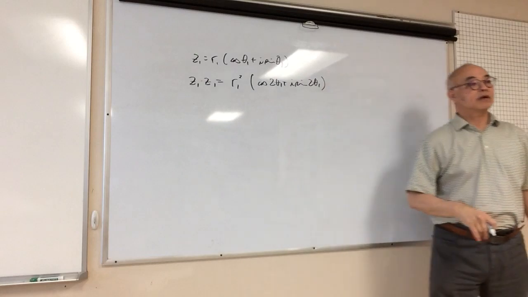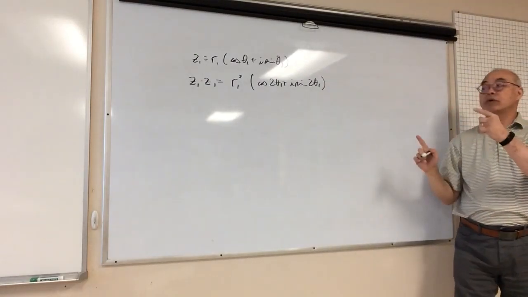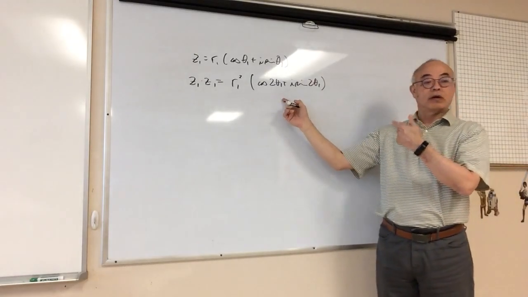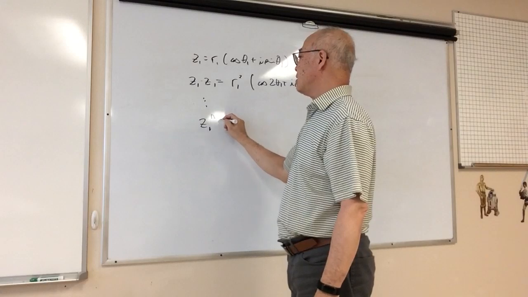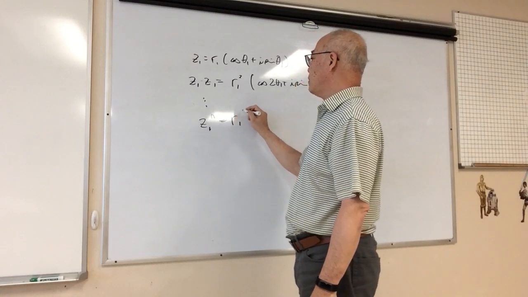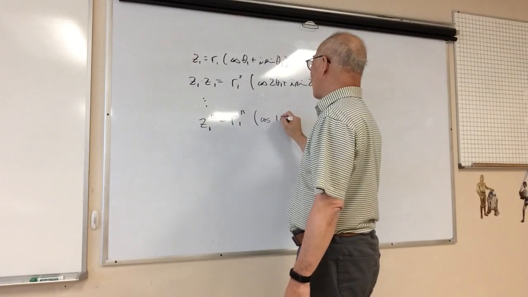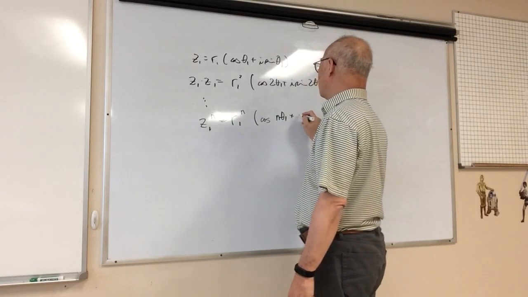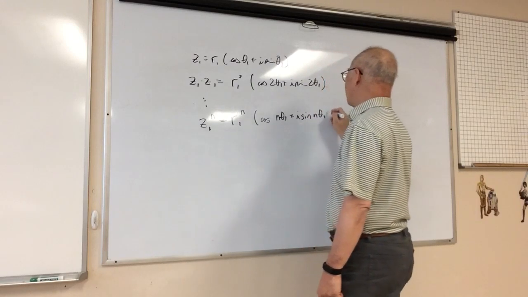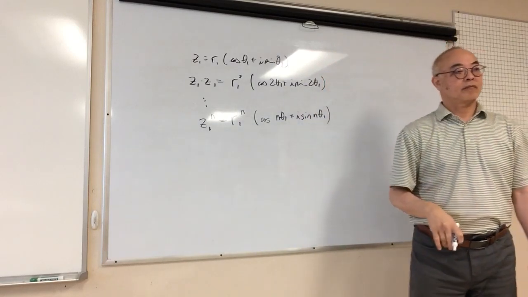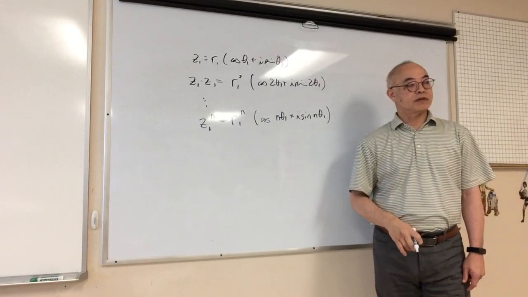Does that make sense? Because I'm adding theta 1 plus theta 1, so it's just 2 theta 1, right? And I can continue this to say z1 to the nth power would be r1 to the nth power times cosine n theta 1 plus i sine n theta 1. Correct? Does that make sense?